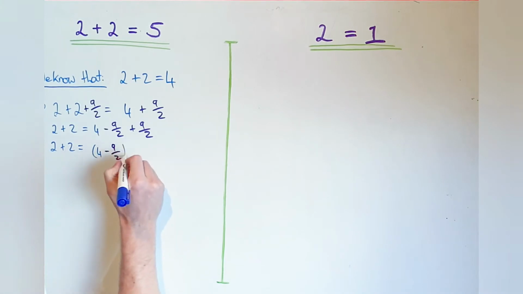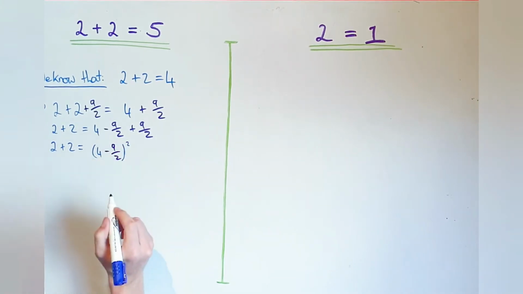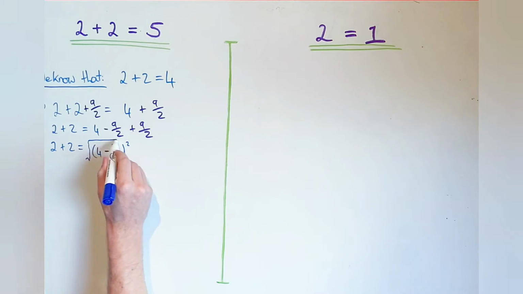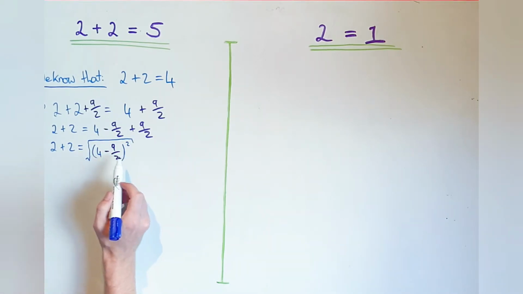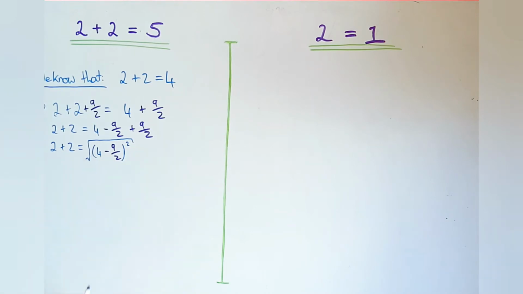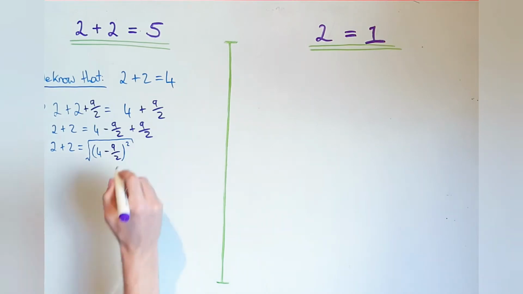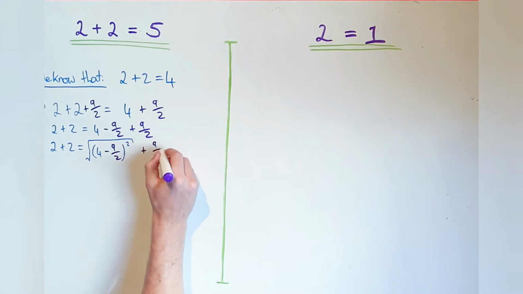I'm going to square that, but then I'm also going to put it under a square root. So they'll cancel with one another, leaving us with the 4 minus 9 over 2. And then we still have the original plus 9 over 2.